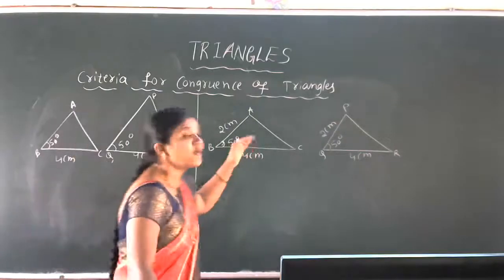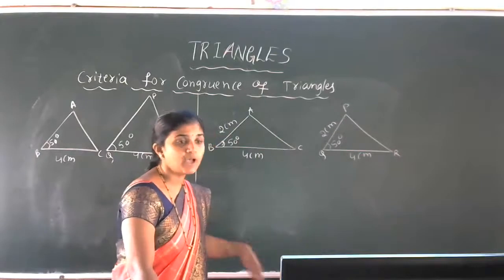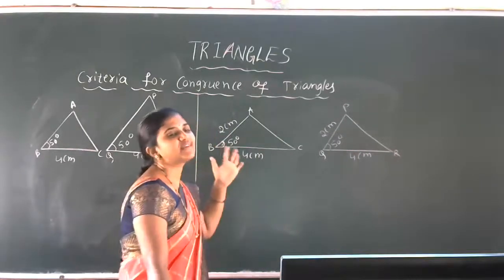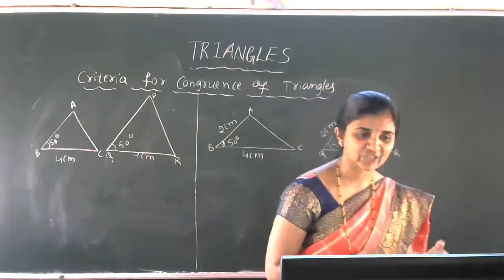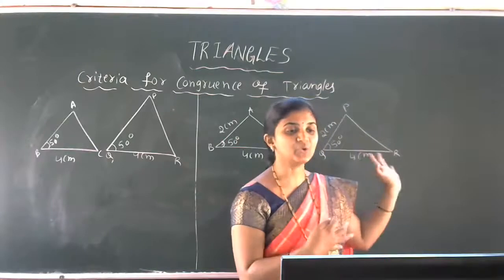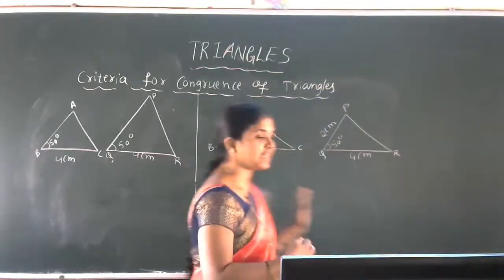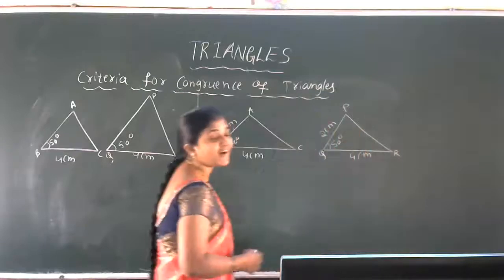So now we can say the congruency for these triangles. Why? Because we have some criteria for congruency. If we verify that criteria, this is true. So now we can say that triangle ABC is congruent to triangle PQR.